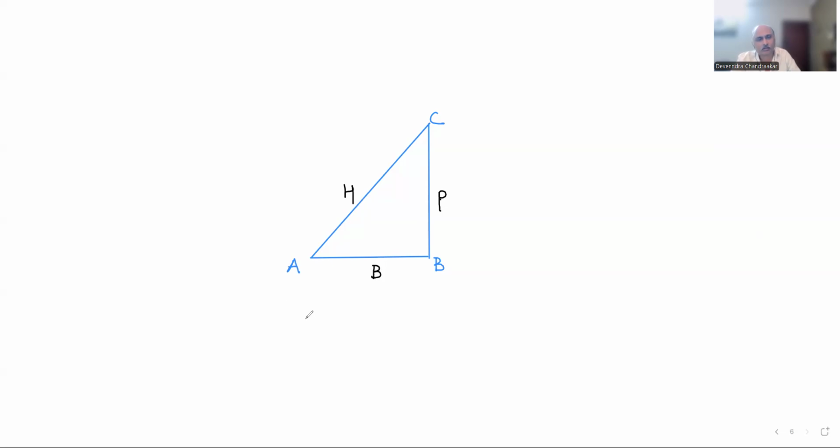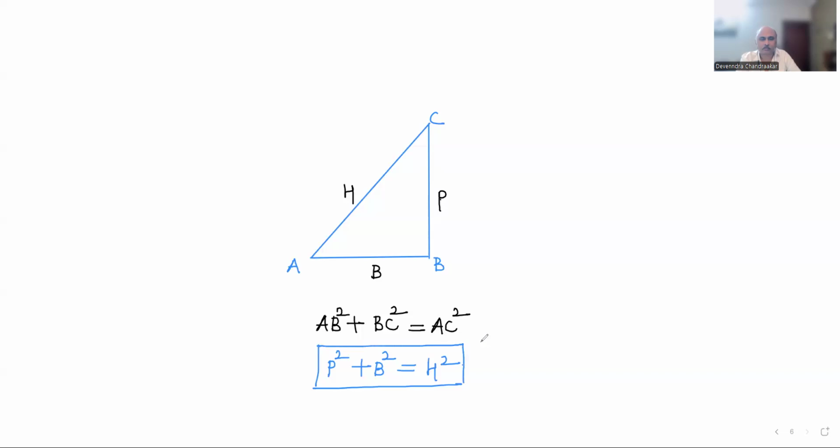The sum of the squares of the perpendicular and base is equal to the square of the hypotenuse, that is AC square. Clear? So perpendicular square plus base square is equal to hypotenuse square. Please remember this. This is called Pythagoras theorem.